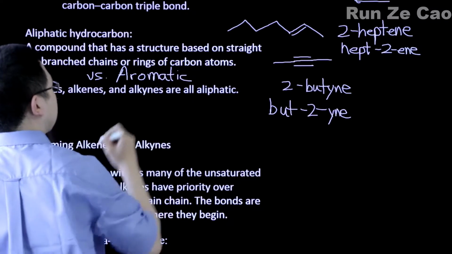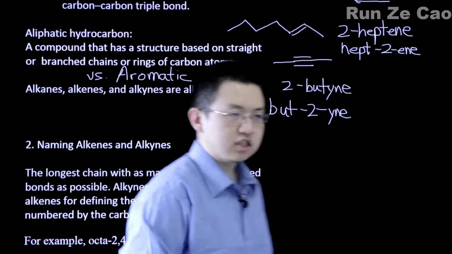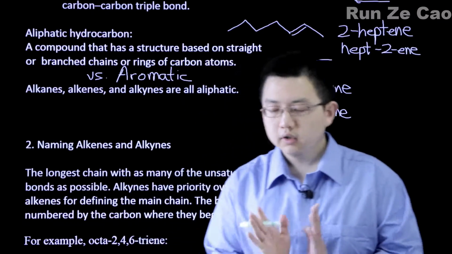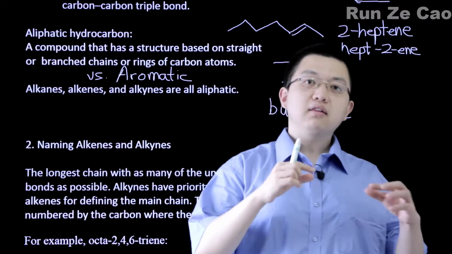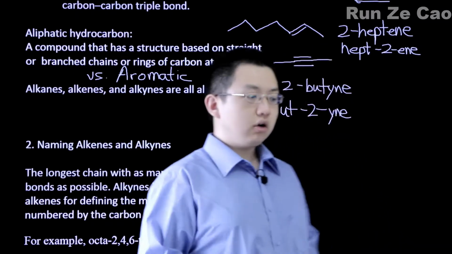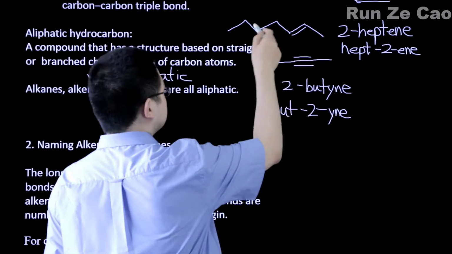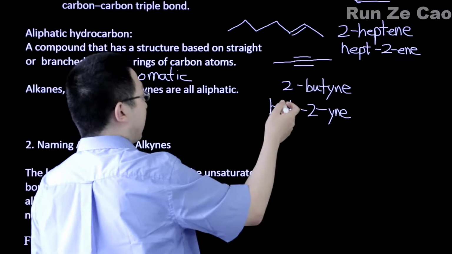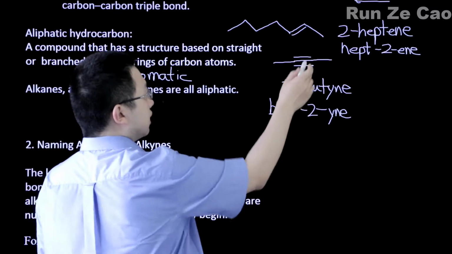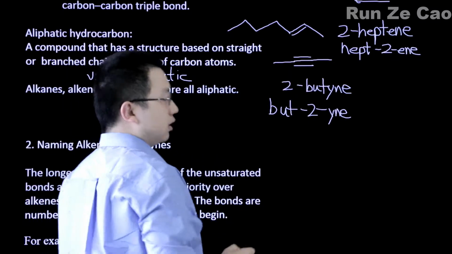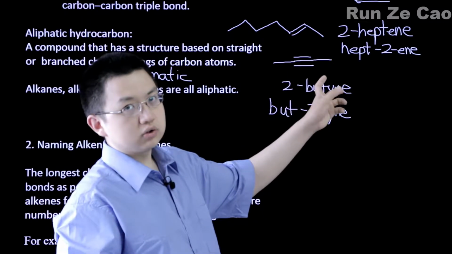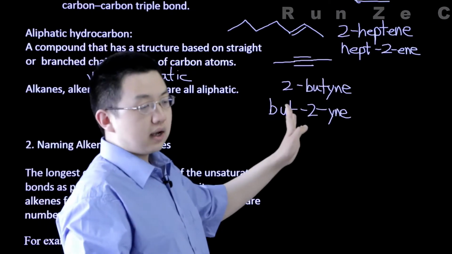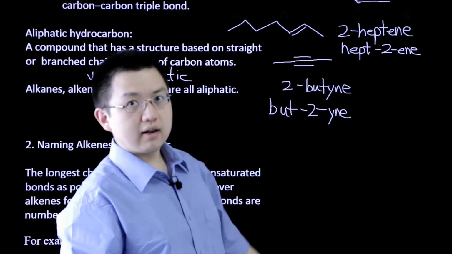Aromatic hydrocarbons have delocalized bonds, such as benzene, which we'll cover later. But the point is that aliphatic hydrocarbons have bonds that stay where they are and are only between particular carbon atoms. So for example, here, these extra bonds that are not in the standard hybridized two-sharing pattern stay on these two atoms.